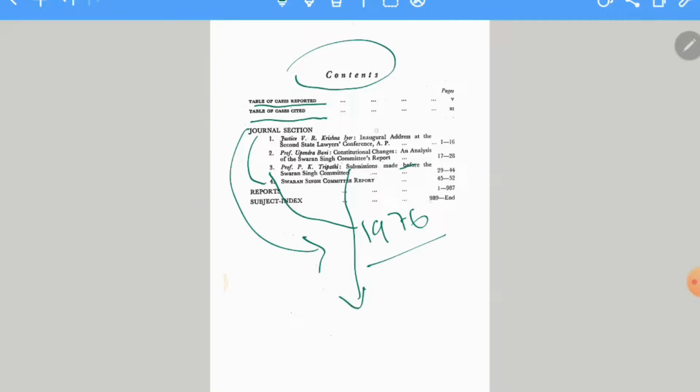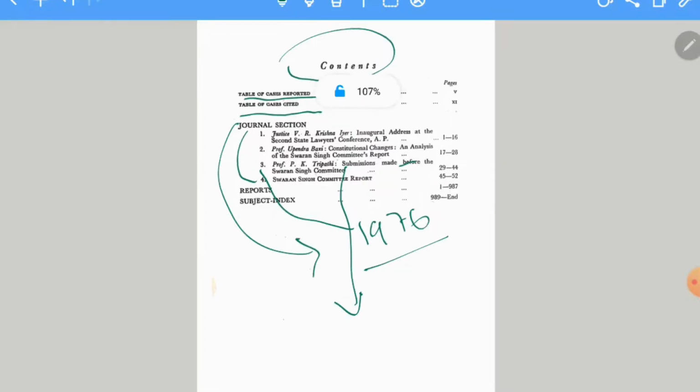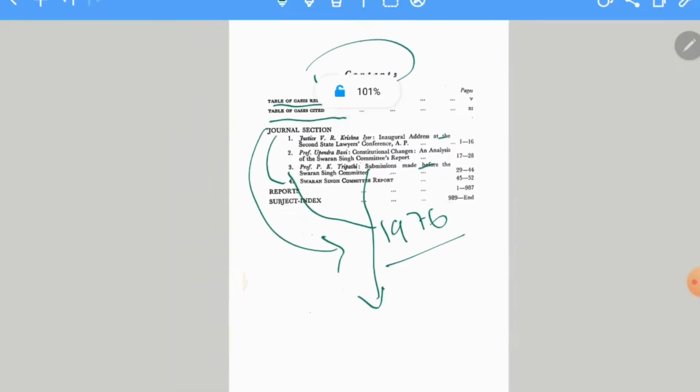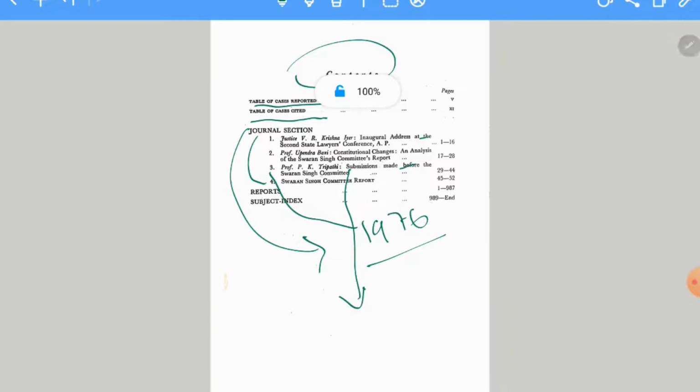Here you can also see some speeches of judges. You can see Justice V.R. Krishna Iyer's inaugural address at the Second State Lawyers Conference. So this is the structure of this SCC. It is a combination of articles as well as the cases reported, and this is how you find the next page of this journal of SCC.